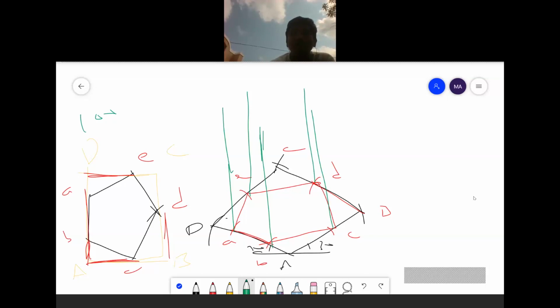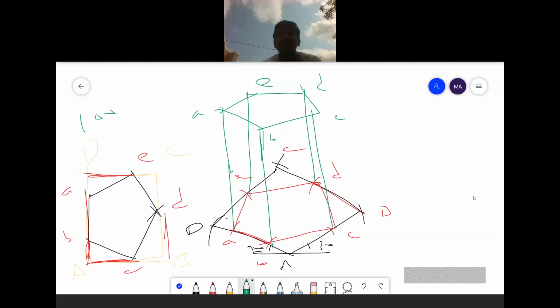Then I will join A, B, C, D, E. This will be your pentagonal prism.